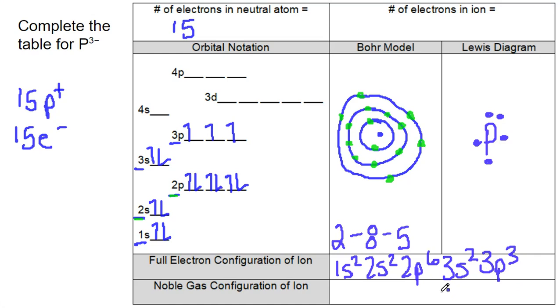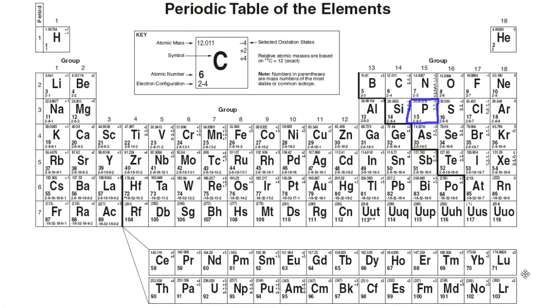Okay, and the noble gas configuration. For the phosphorus atom, the noble gas that comes right before phosphorus, so phosphorus is element 15. The noble gas that comes before phosphorus would be noble gas number 10, which is neon.